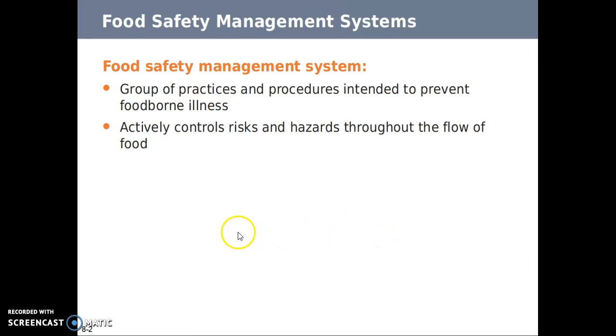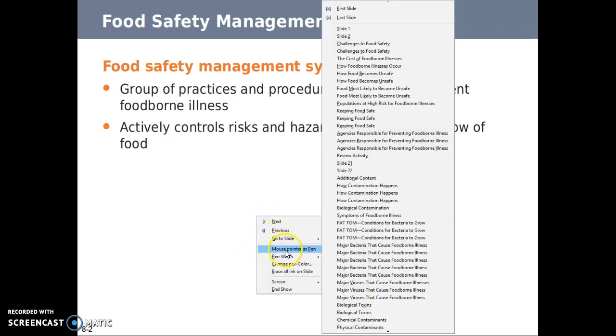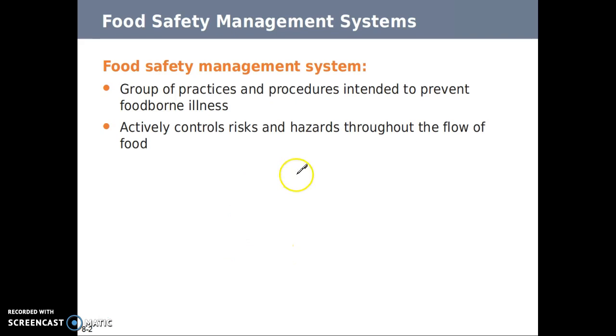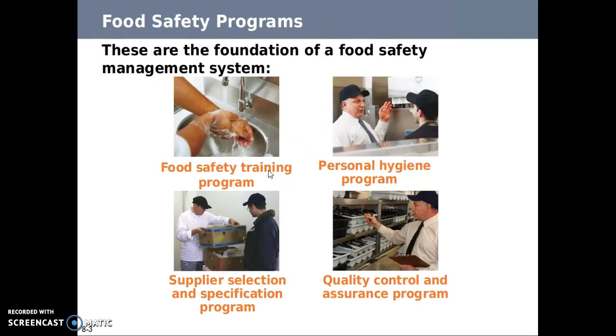Food safety management systems are a group of practices and procedures intended to prevent foodborne illness, actively controls risk and hazard throughout the flow of food. These are the foundation of a food safety management system: the food safety training, personal hygiene program, supplier selection and specification program, and the quality control and assurance program.